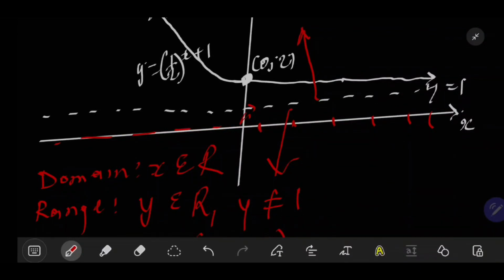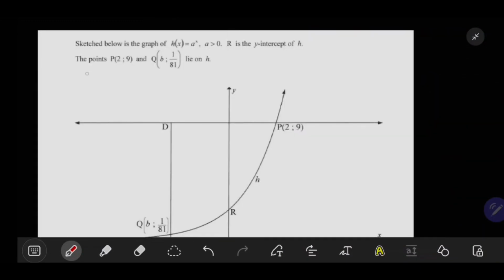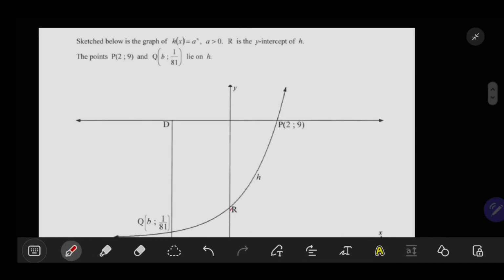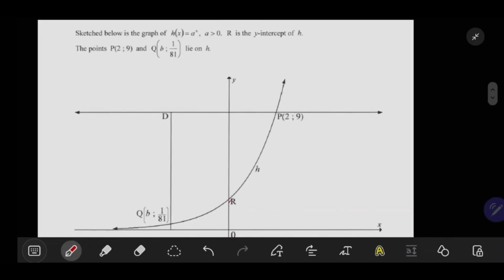They say sketched below is the graph of h of x, which is equal to a raised to exponent x, whereby a is greater than 0. Then they've given us that R, this point here, is the y-intercept of h. Then there are points P, which is (2, 9).